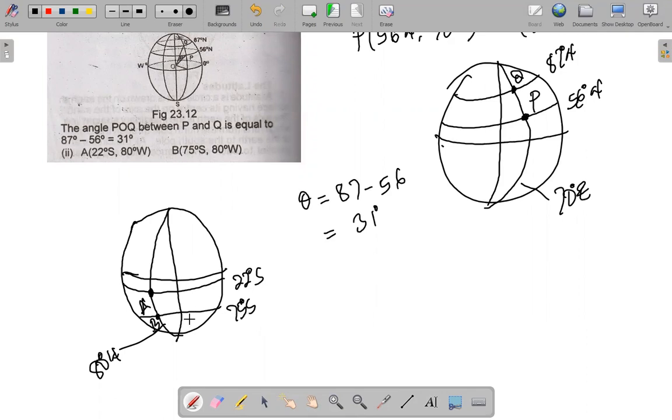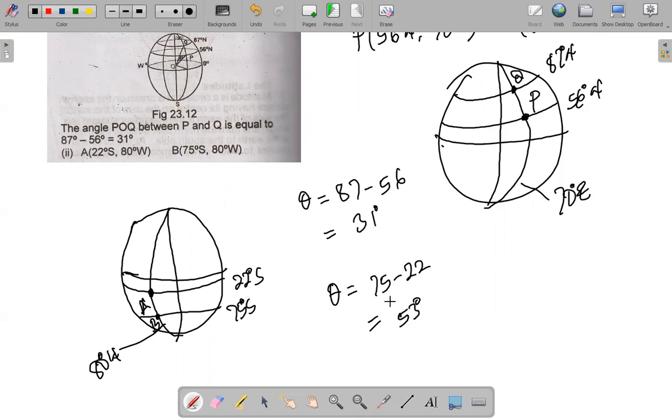Now look at this. A and B are on the same side. Therefore, the angle between them will be 75 minus 22, which is 53. The angle between them is 53 degrees.